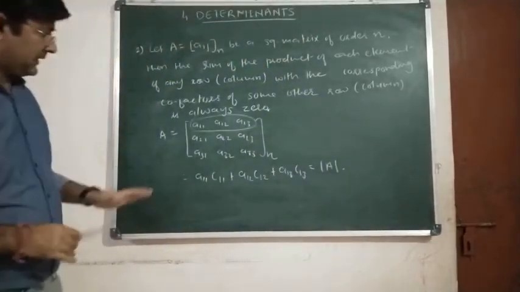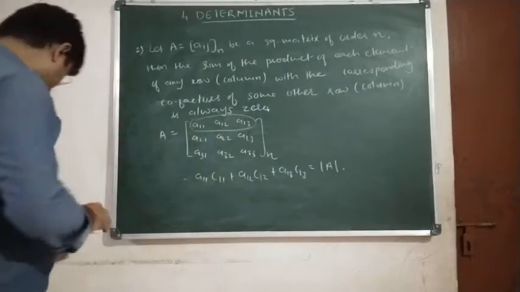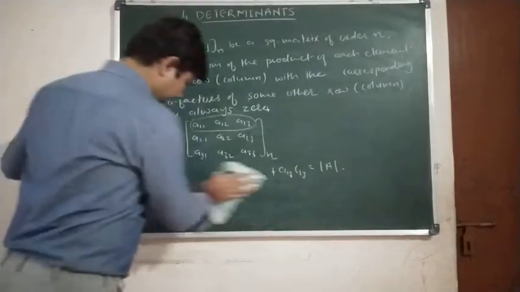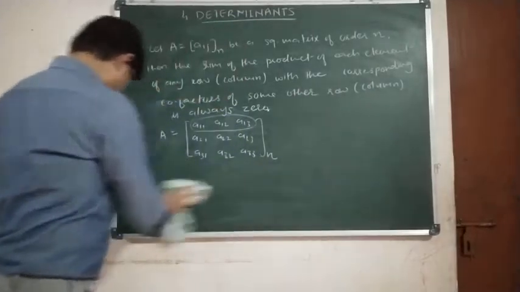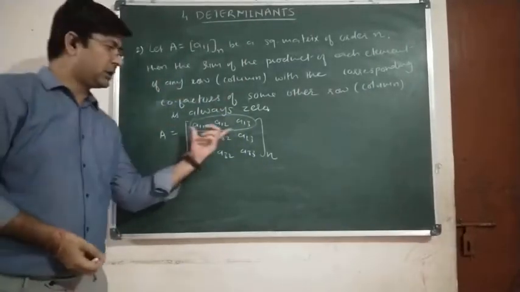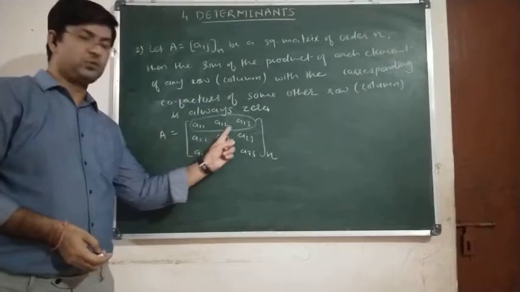It means what? Let us consider the same matrix A of order 3. Now let us consider the first row once again. We have three elements A11, A12 and A13.